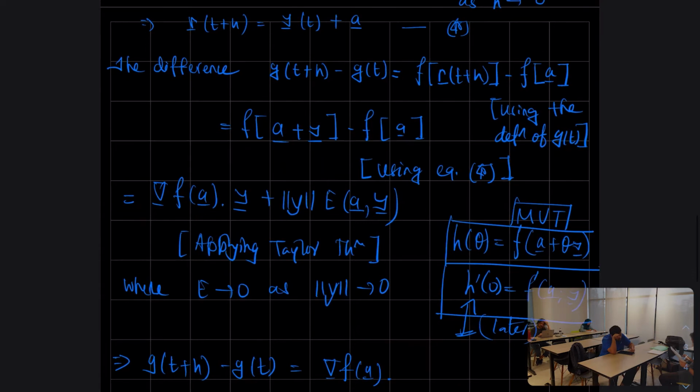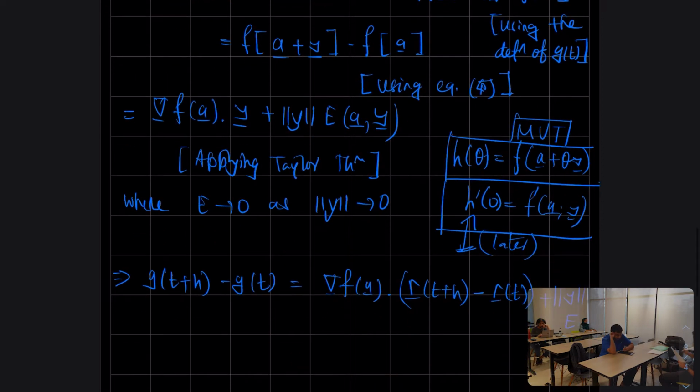What y is, is nothing but r of t plus h. So if you like, you can call a to be r of t again. And the rest is just a norm of y times e. Maybe I can squeeze it here somehow.